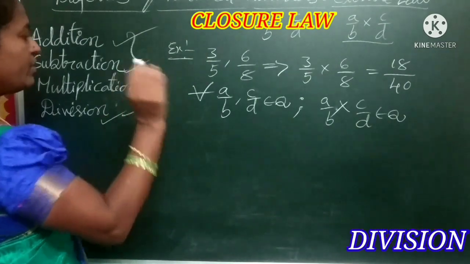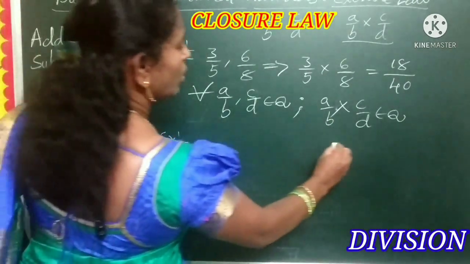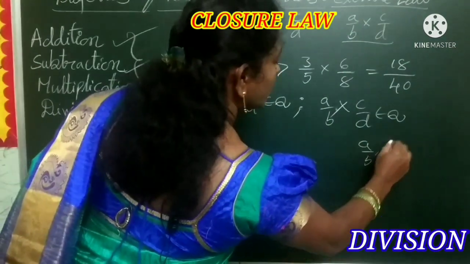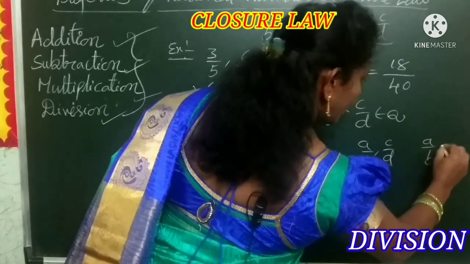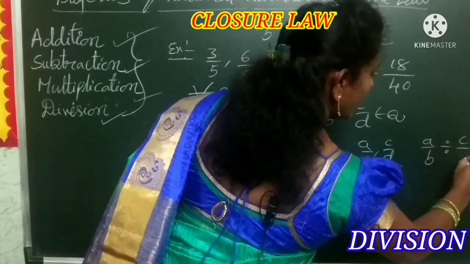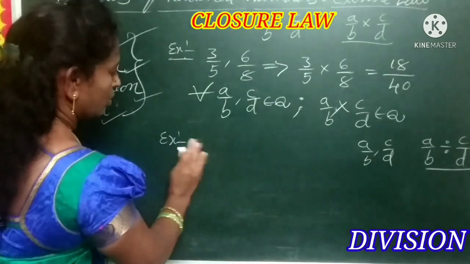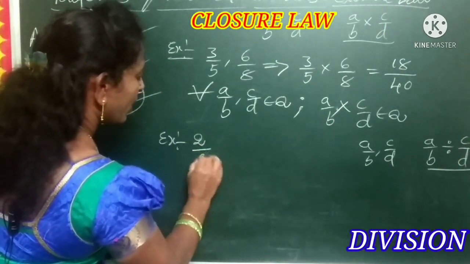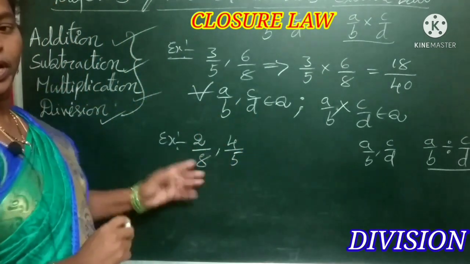Next one, division. For example, here also a by b and c by d, two rational numbers. a by b is divided by c by d. This is the condition. For example, 2 by 8 and 4 by 5, two rational numbers.